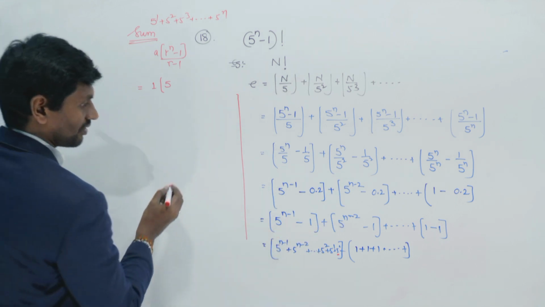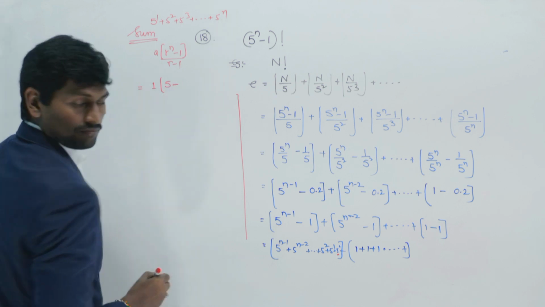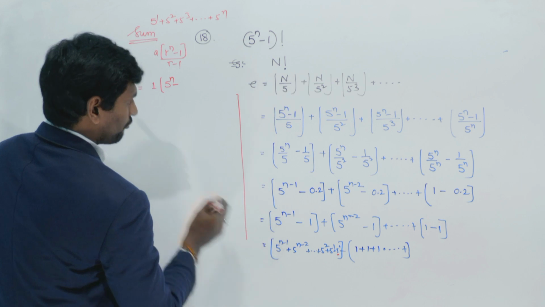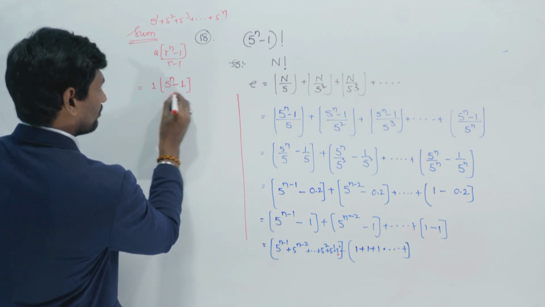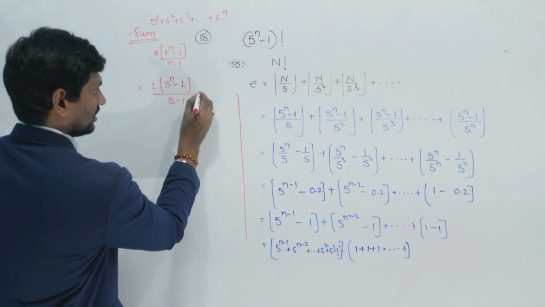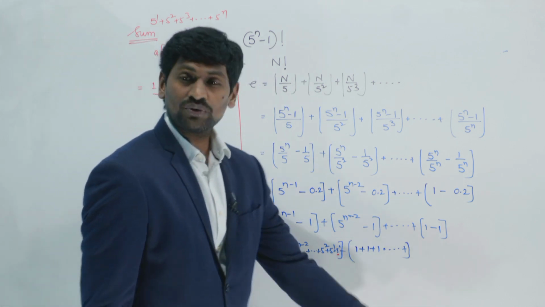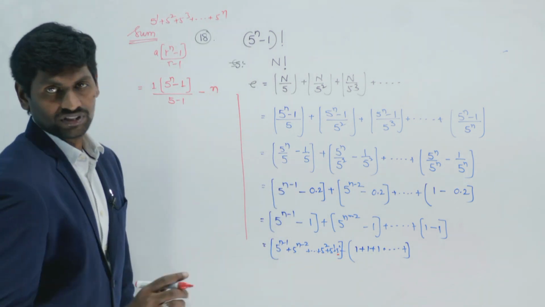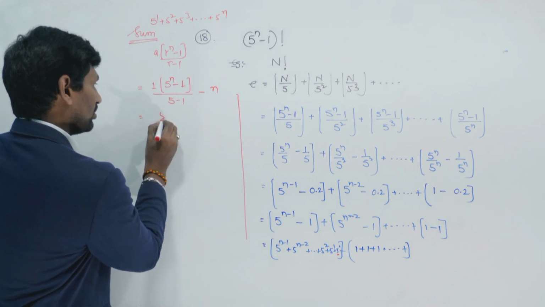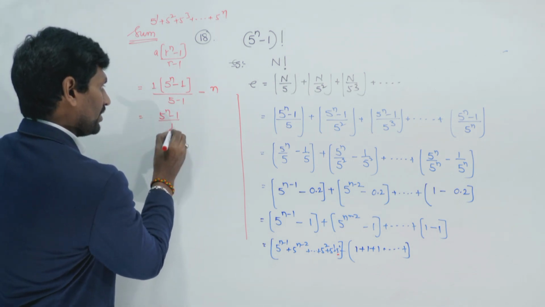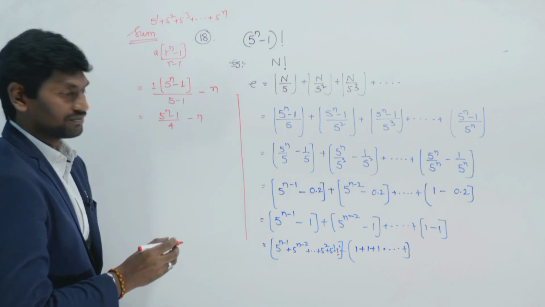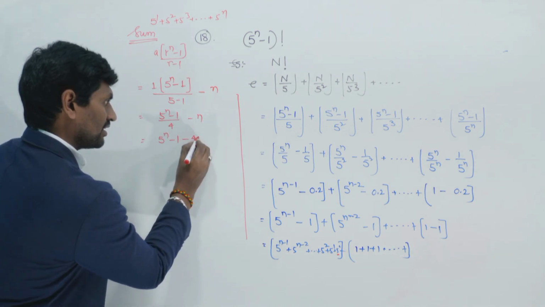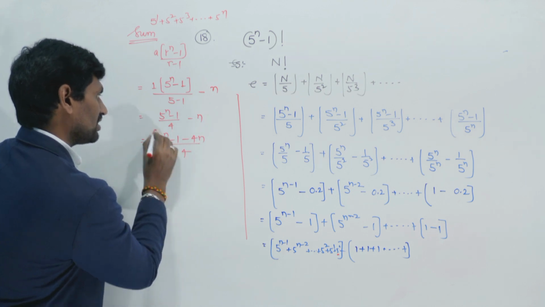So (5 power n minus 1) by (5 minus 1), minus 1 into 1 into 1, n times, n into 1. That is equals to (5 power n minus 1) by 4 minus n, which is (5 power n minus 1 minus 4n) by 4. This is our required answer.